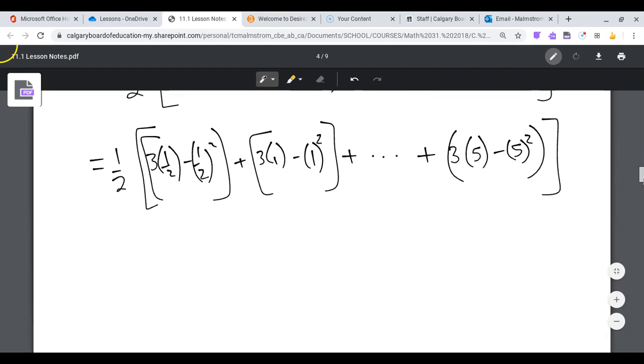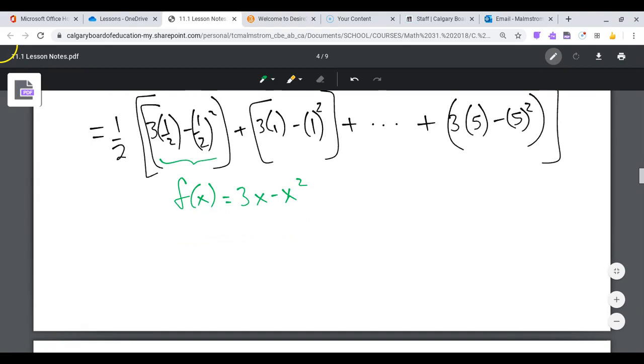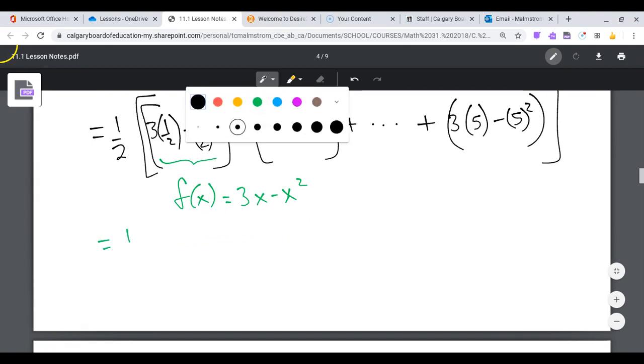This comes from the function f of x equals 3x minus x squared, and I'm filling that in, and I have to do it 10 times with the 10 different x values.